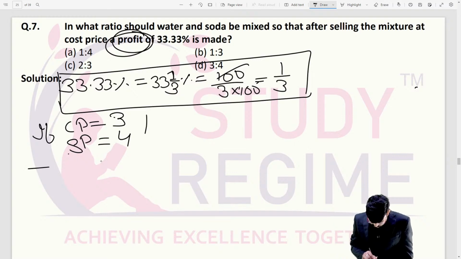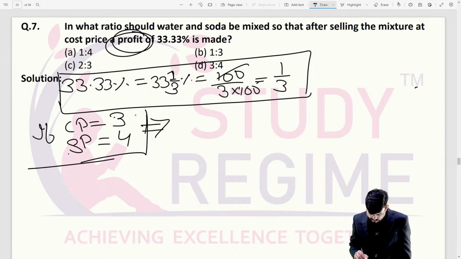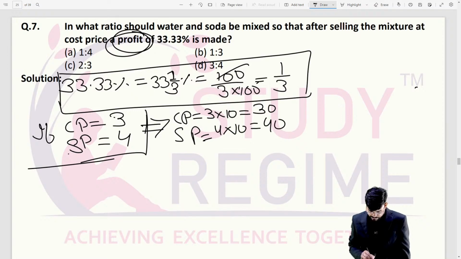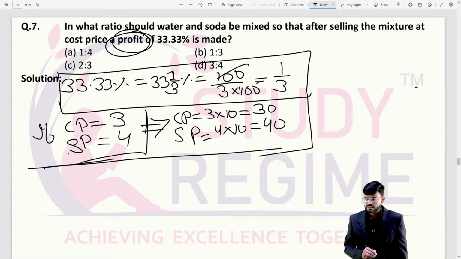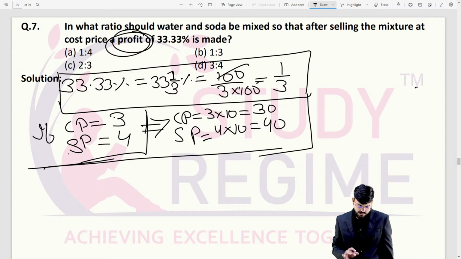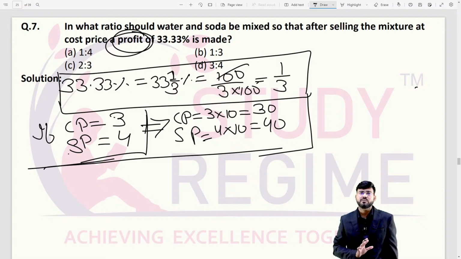Now, just for the sake of calculation, you can take a number bigger than 3 or 4. Let us say we multiply by 10, you will get cost price 30, and the selling price will become 4 into 10, 40. Just for the sake of calculation, I have multiplied it with 10.